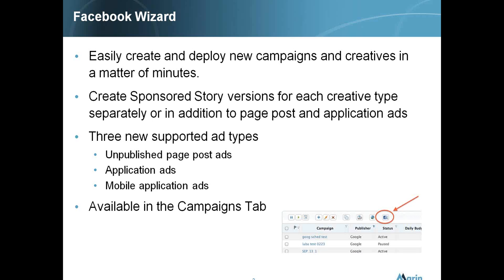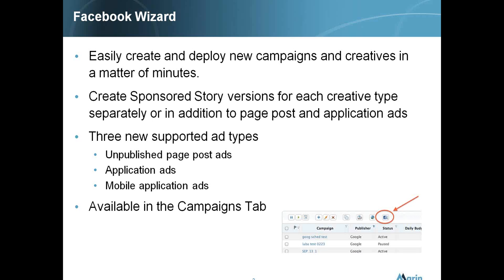The 3 new supported ad types that have been introduced very recently are unpublished page post ads, application ads, and mobile application ads. We will go into the application to review where all of these features can be found, but it's available in the Campaigns tab, and you'll notice, as in this screenshot, a Facebook wizard button that you can click into and launch the wizard from.